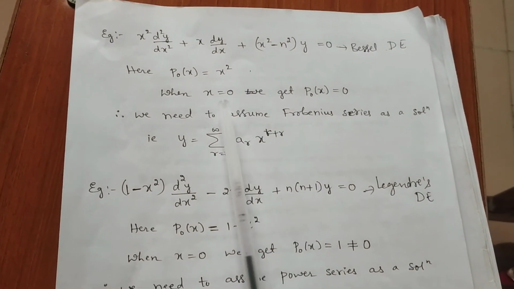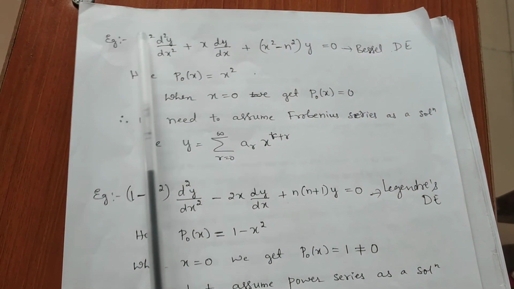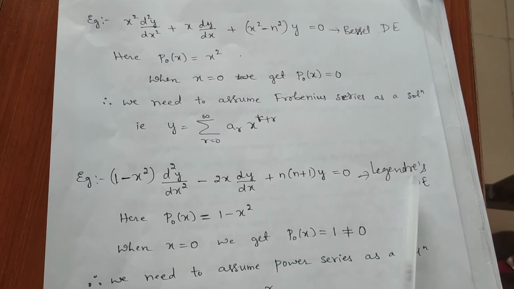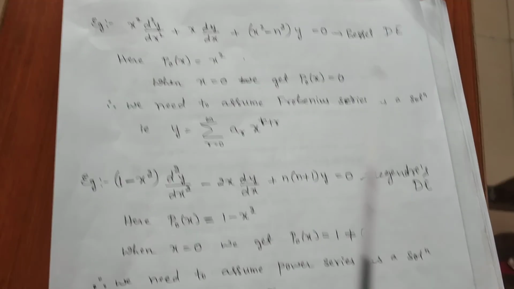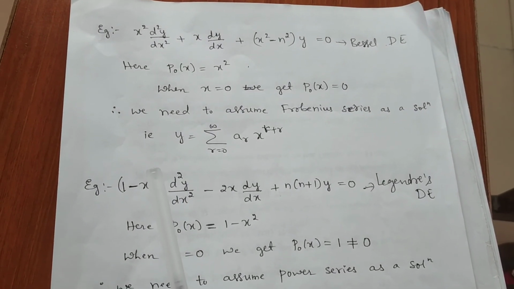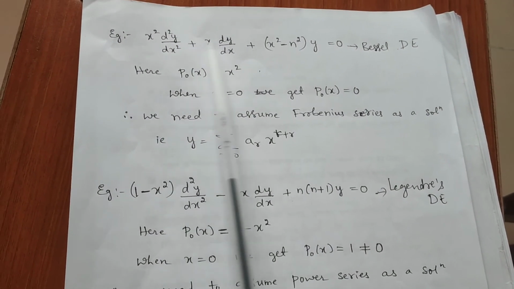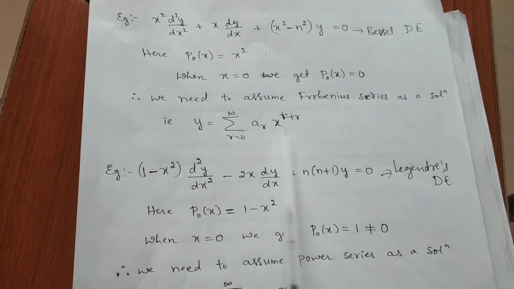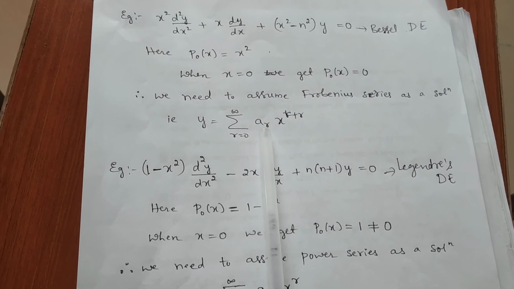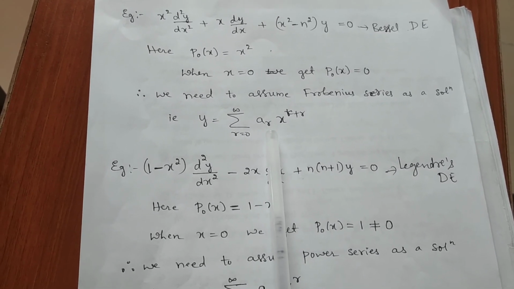So, for your syllabus, you have to find a solution of Bessel's differential equation and a solution for Legendre's differential equation. Now, let us move to the next topic: how to find a solution of Bessel's differential equation by assuming Frobenius series as a solution. I'll continue this in the next video. Thank you all.